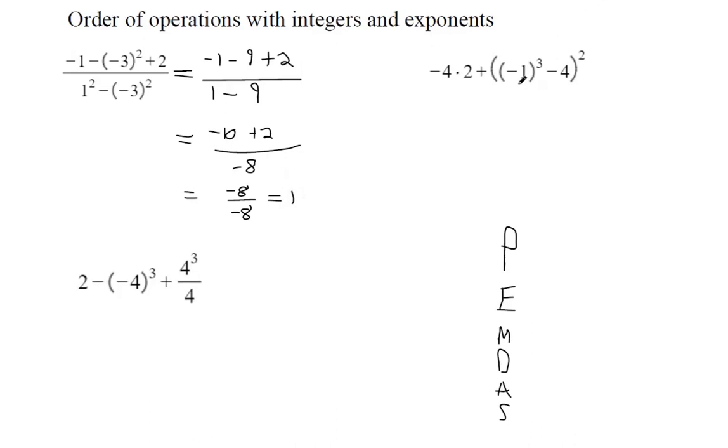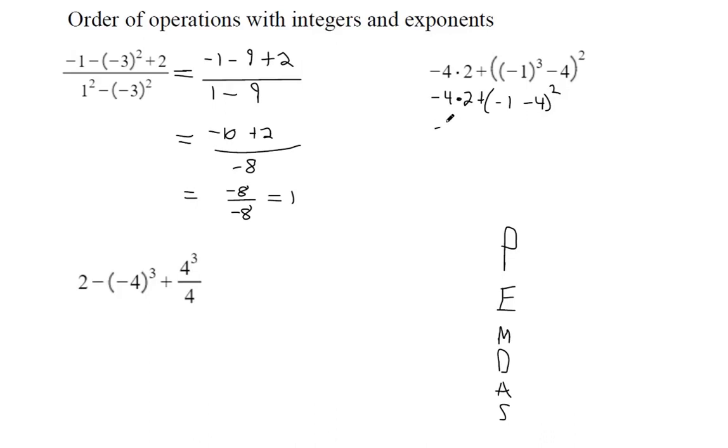Okay, so over here we'll do parentheses first again. And inside the parentheses, we want to follow the order of operations. So -1 to the third comes first. Anytime you have a negative number to an odd power, you know the answer is going to be negative. Because -1 times -1 makes +1, and +1 times another -1 makes -1.